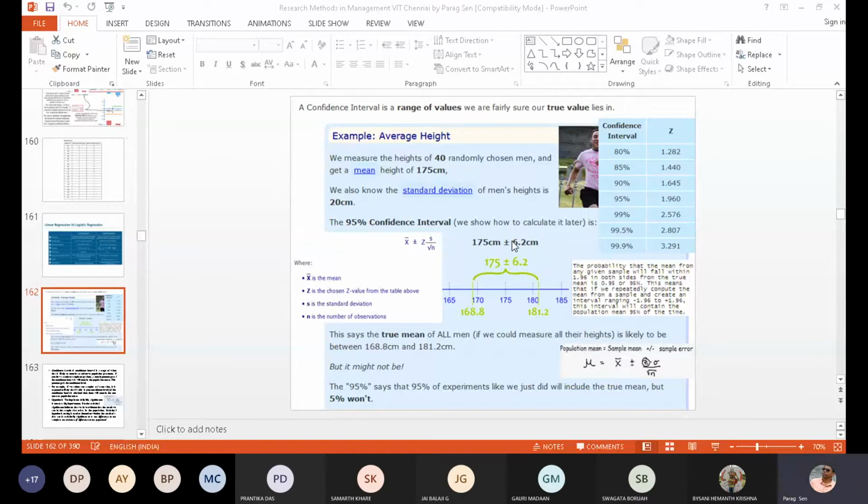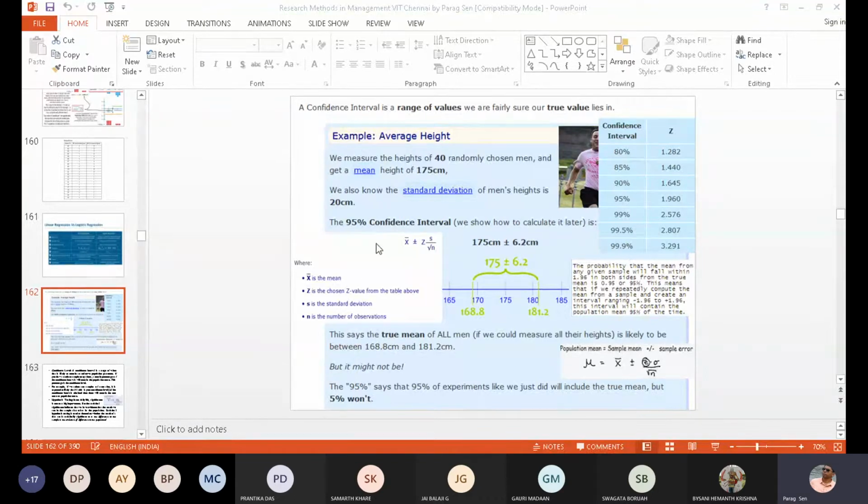So how will you calculate the sampling error? The sampling error is calculated by Z times S divided by root N. Z is the chosen Z value from the table. S is the sample standard deviation, divided by root n. N is the number of observations.